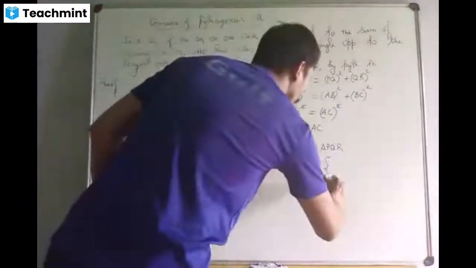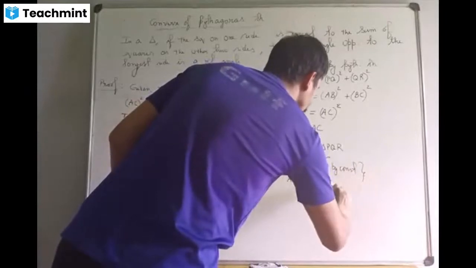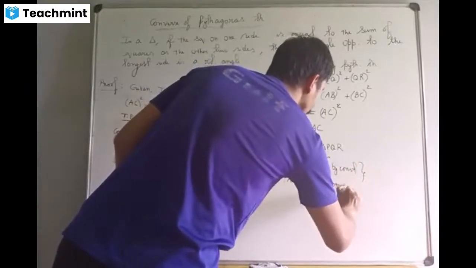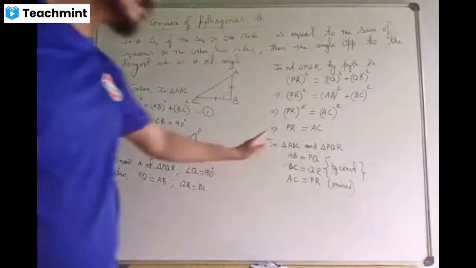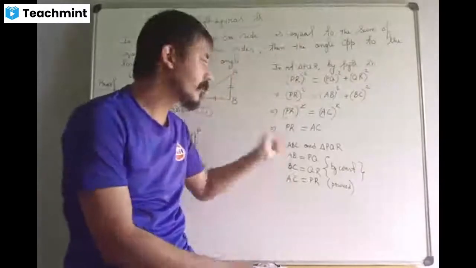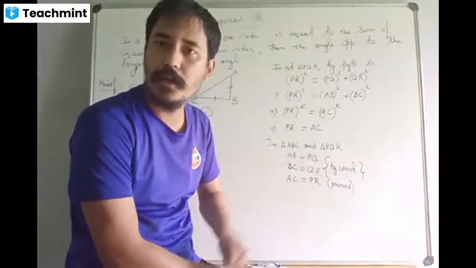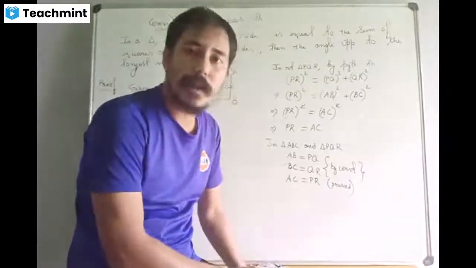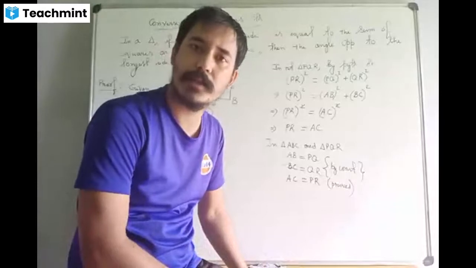The first two is by construction. The last one is already proved above. So all the sides of the two triangles are equal. The three sides of the first triangle are equal to the three sides of the second triangle. So that makes the two triangles not only similar but equal in size.